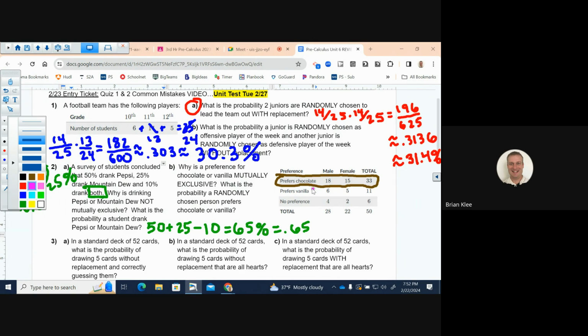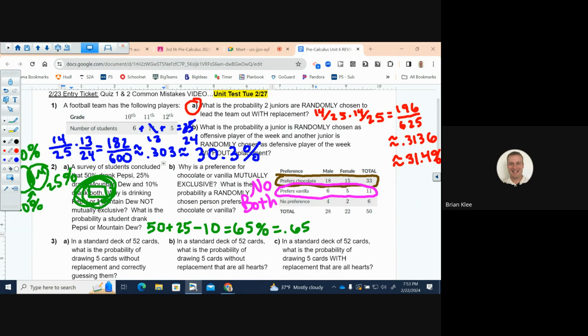Vanilla, 11 people prefer vanilla, right there. And the last category is no preference, not both. Keyword, no, both. Whereas the keyword over in the first part of number 2 was both.